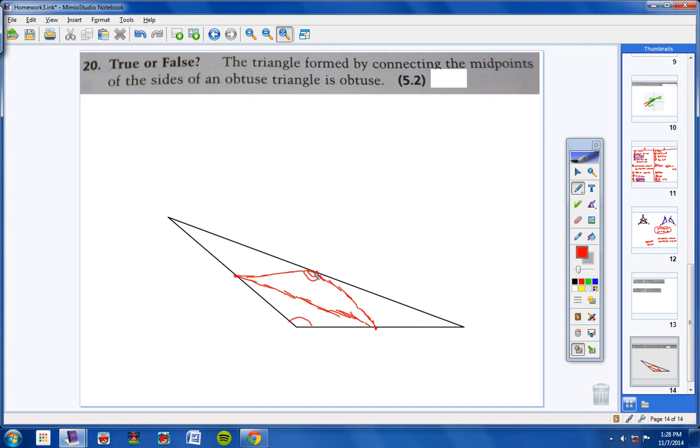Okay, so we don't have to prove that. That's just a little thinking problem. I'm not going to get into that a whole lot, but the answer would be true. When you connect the midpoints of the sides of an obtuse triangle, the triangle that's formed on the inside will always be obtuse.